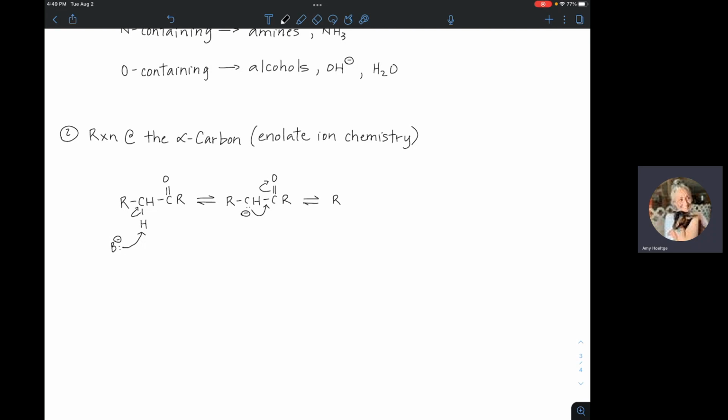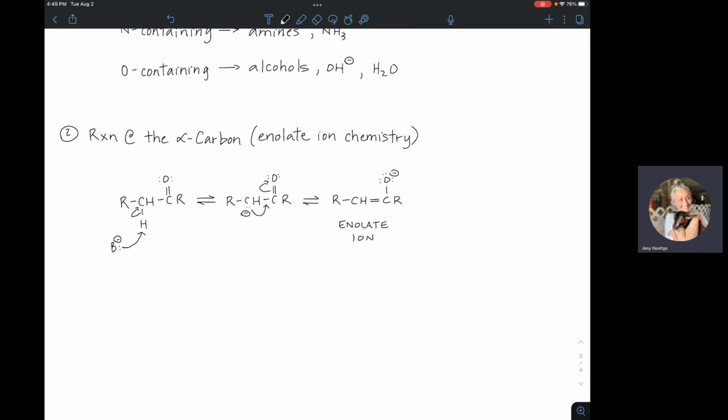And I get what's called an enolate ion. So normally I don't stick these dots on here, but this thing right here is our enolate ion. And that can behave like a nucleophile.